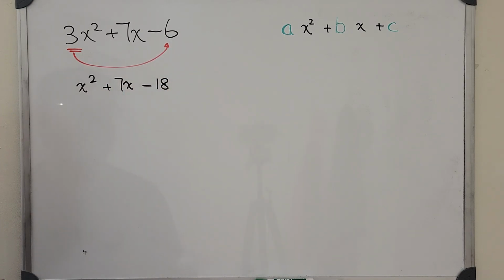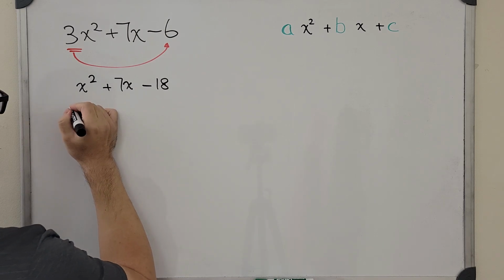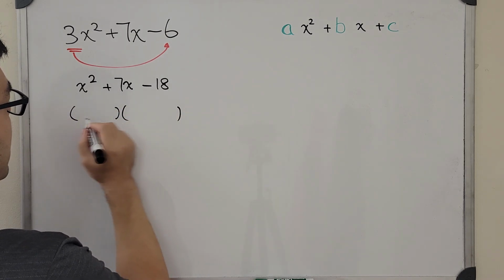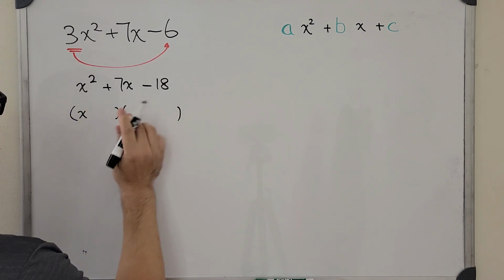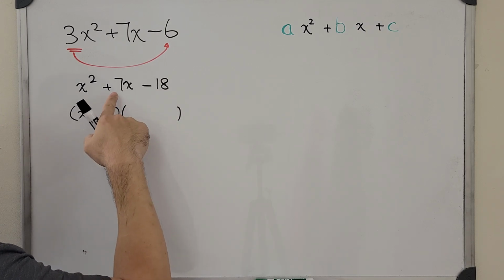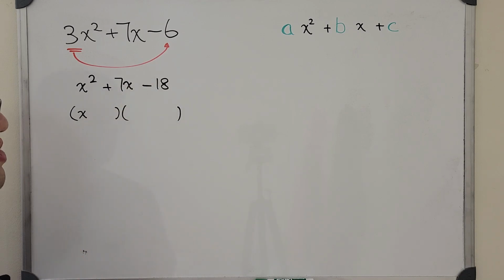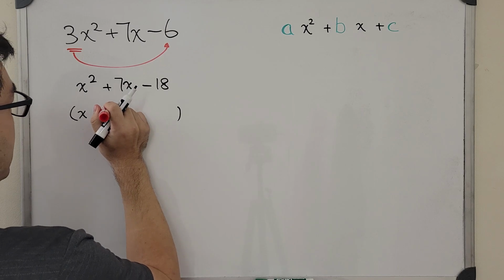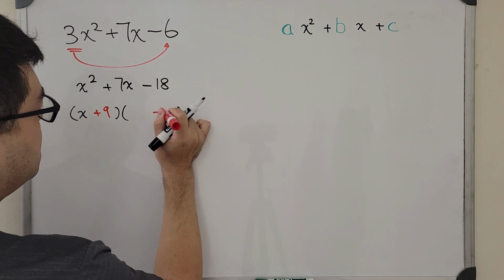So that now we just need to consider how to factor out this expression. And to do that, we just need to think what numbers we need to put such that the sum is equal to 7 and the product is equal to negative 18. So in this case, we will get 9 and minus 2.